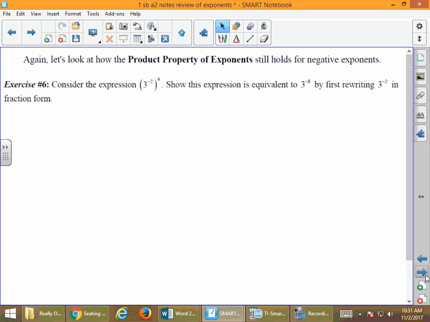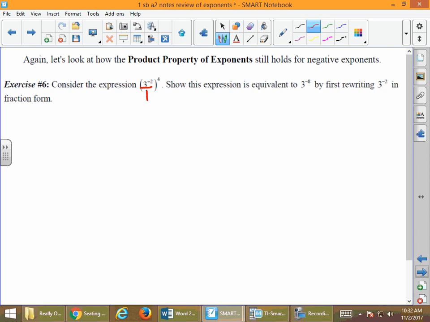So to finish, consider this expression, 3 to the negative second raised to the 4th. Show that this expression is equivalent to 3 to the negative 8 by first rewriting 3 to the negative second in fraction form. So let's follow the directions here. 3 to the negative second in fraction form.